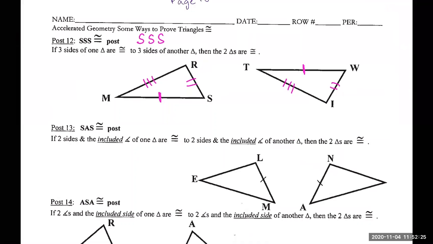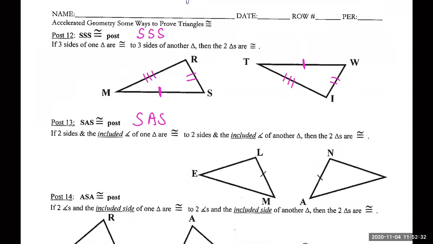The other 2 are the ones we're going to cover today. One is side angle side, and that is if you happen to know that one set of sides are congruent to each other, another set of sides are congruent to each other, and then we introduce this word called included. I'm going to describe it, and then you tell me what you think the included angle is.